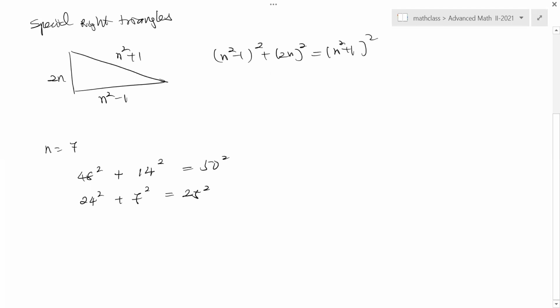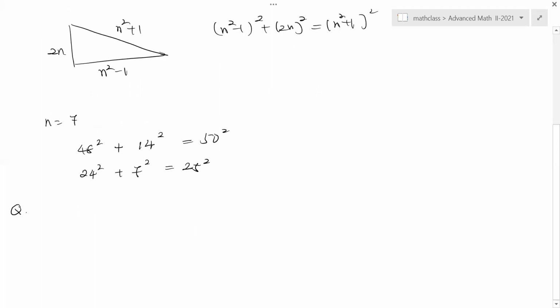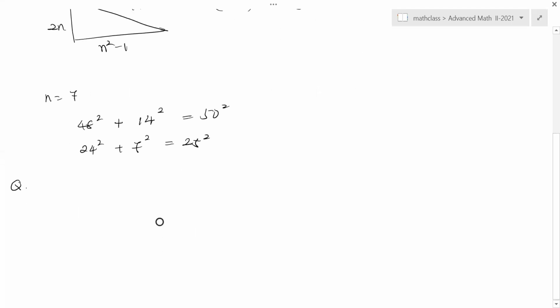All right, so now I'm going to apply the Pythagorean theorem to solve some problems here, okay? Sometimes you have to draw additional lines to make a right triangle because you don't see the right triangle at the very beginning. But this problem is already told that this is a right triangle, with a 90 degree angle here.